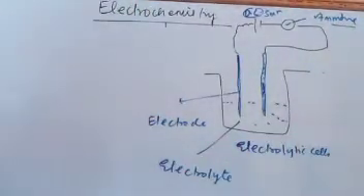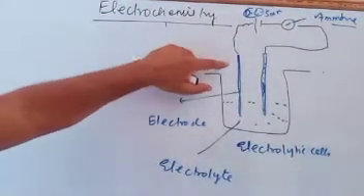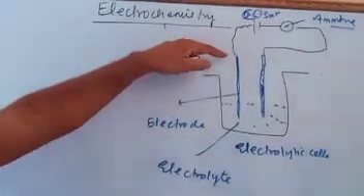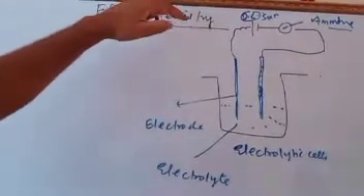Now these are two electrodes. Electrodes are of two types: one is cathode and the second is anode.